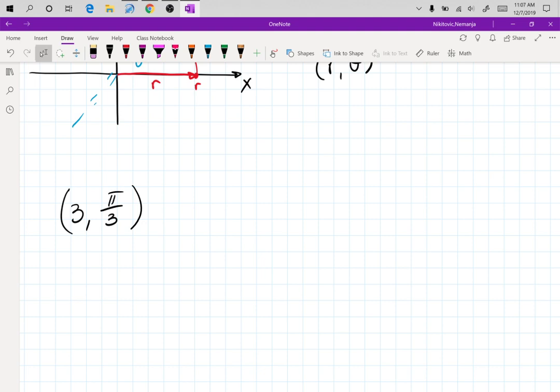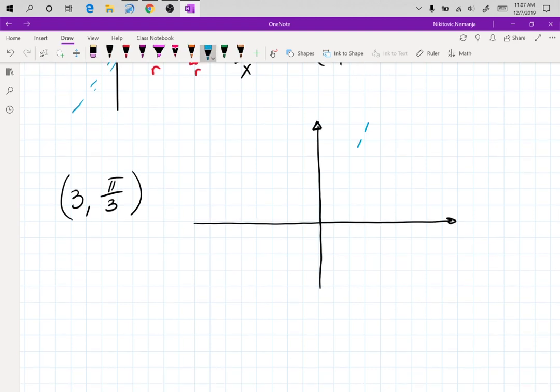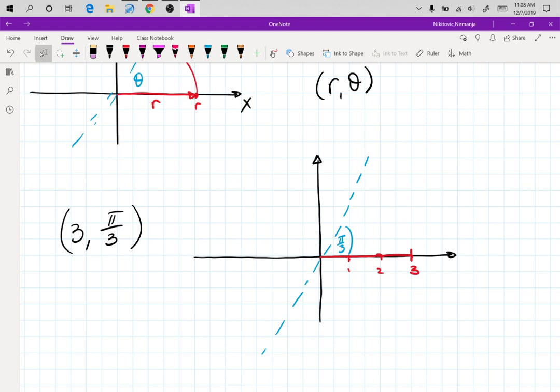So we have a pi over 3 angle, and then I'm going to draw 3 on my x-axis, and then I'm going to take a compass and just swing this into the line, and this location here is (3, pi over 3).